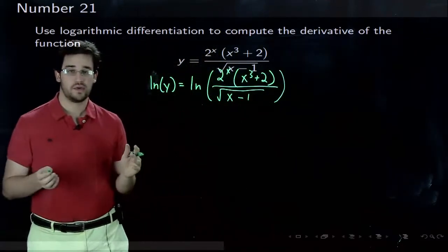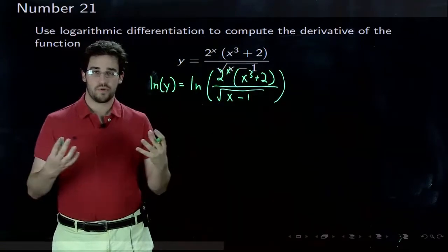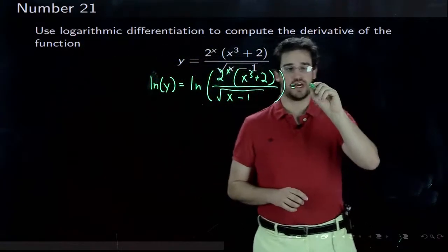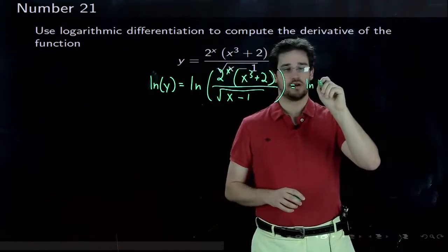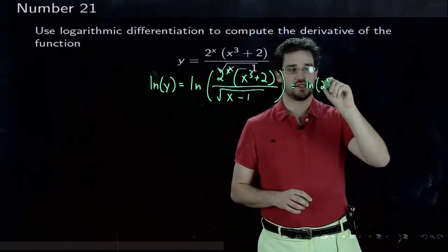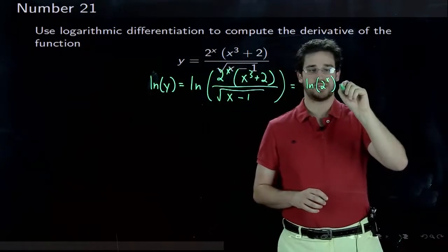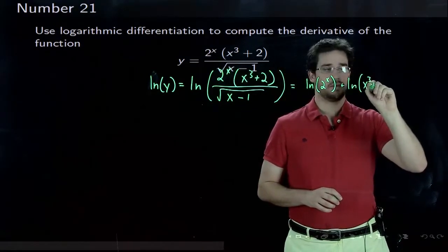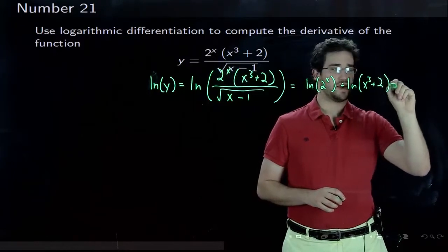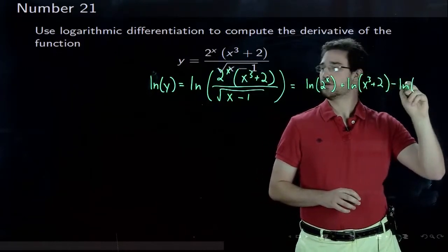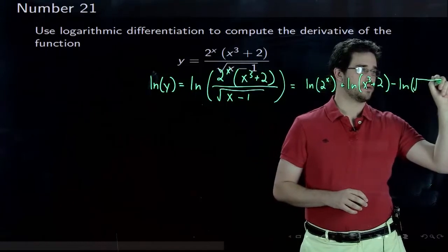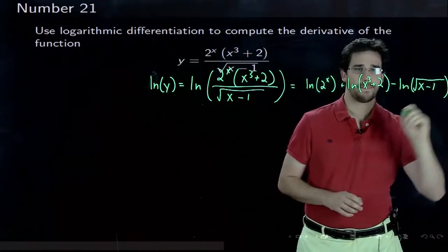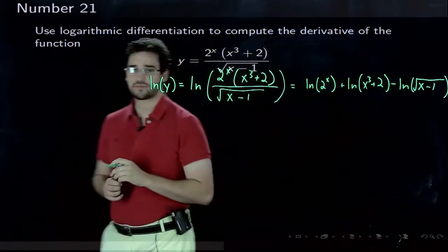Well, luckily, we can use our rules of logarithms to simplify this. And this part is just natural log of 2 to the x plus natural log of x cubed plus 2 minus natural log of the square root of x minus 1. Right?